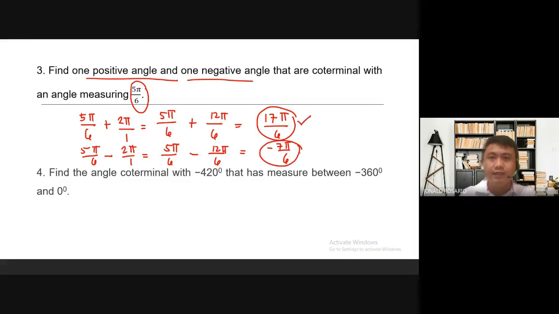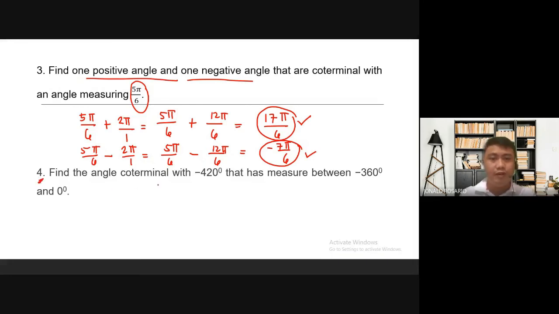Ito yung positive, ito yung negative. So, we have coterminal angles in radians. Again, if we are looking for coterminal angles, you can add multiples of 2 pi. Kapag negative naman, you can subtract multiples of 2 pi.